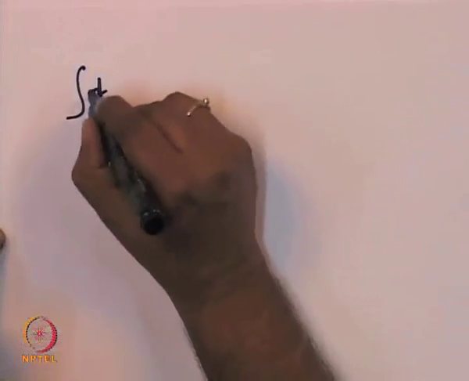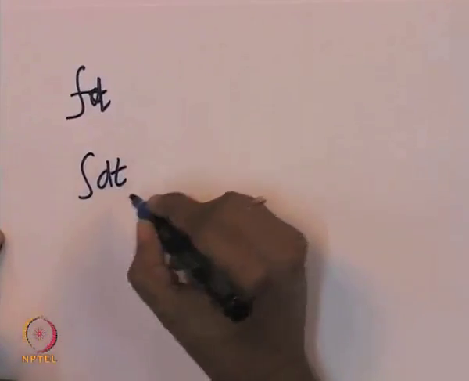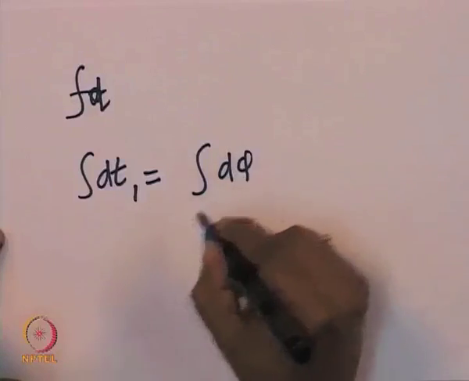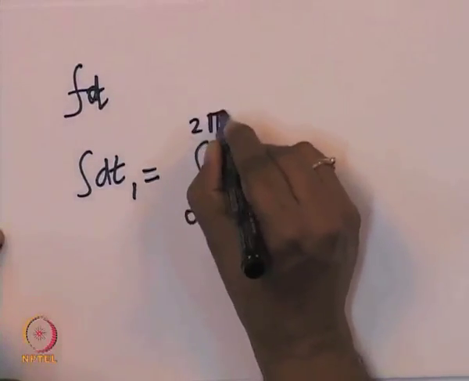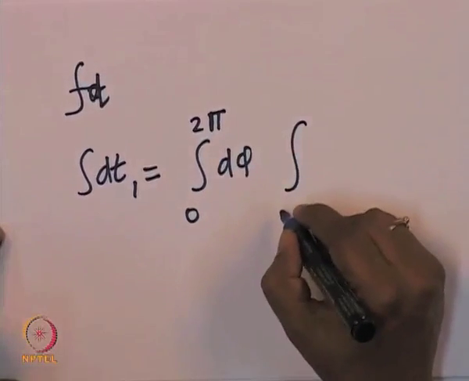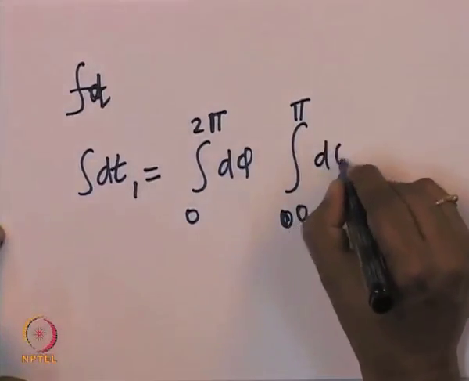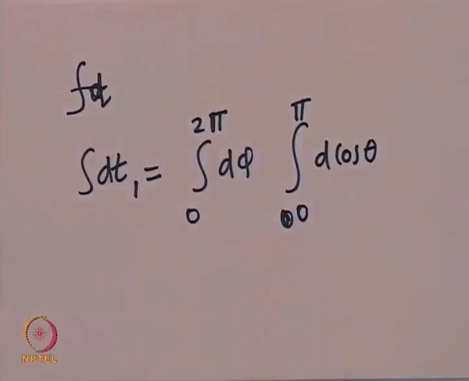It turns out that the way of representing a 3D volume element, given that the length is a constant, is that the integral of dt1 will be the integral of d phi from 0 to 2 pi, times the integral from 0 to pi of d cos theta. This will turn out to be the volume element, but we will discuss that in detail in another lecture.